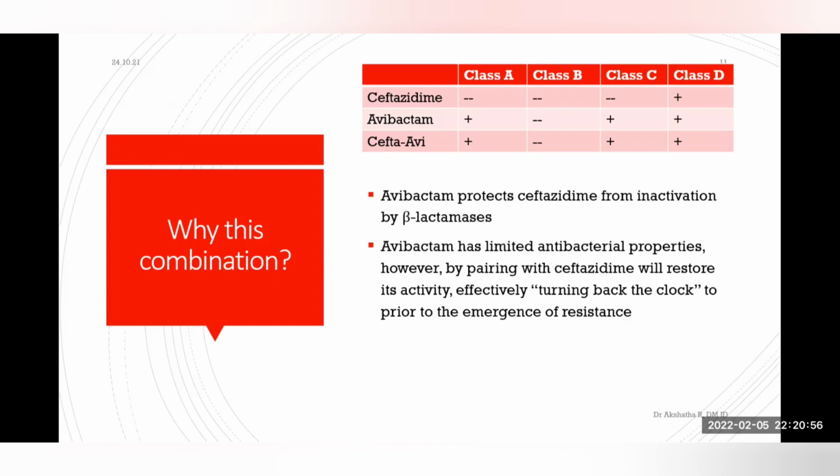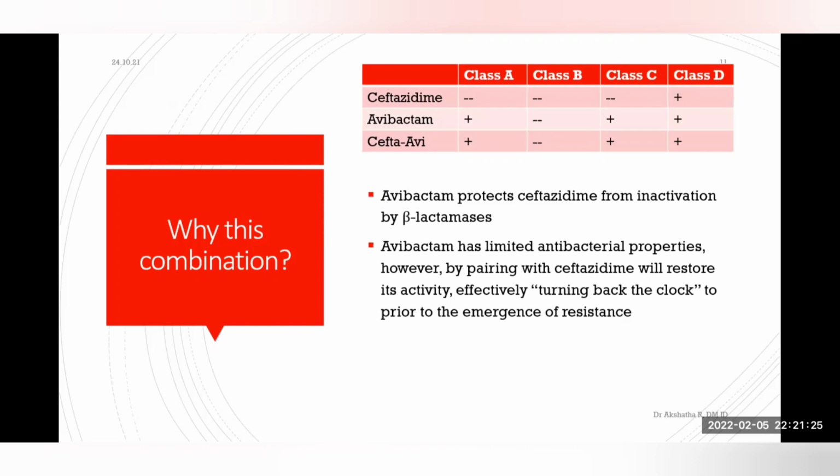However, by pairing it with ceftazidime, it will restore its activity, effectively turning back the clock prior to the emergence of this resistance. In this table, whatever action ceftazidime is not having, avibactam is having, and hence this combination has a rationale behind it. The ratio of this combination is 1:4. And you can see which class it is not acting on, class B.